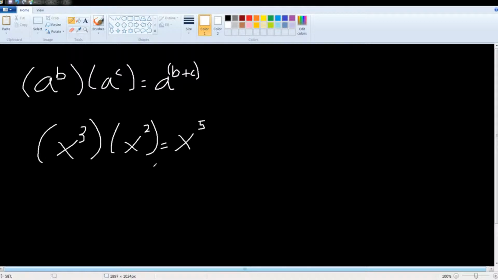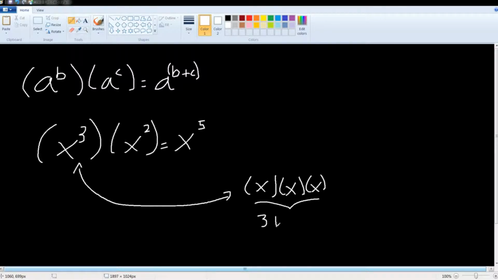So let's break this down. x to the cubed. What does that mean? That means x is being multiplied by itself 3 times. So instead of writing it with an exponent, let's write it out completely. Let's expand this. So x to the cube is the same thing as saying x times x times x, 3 times.